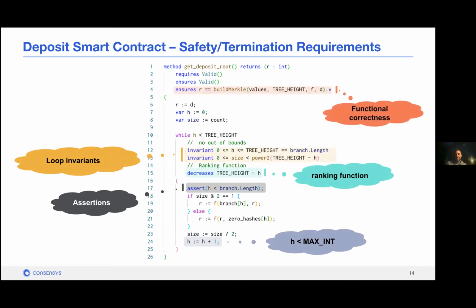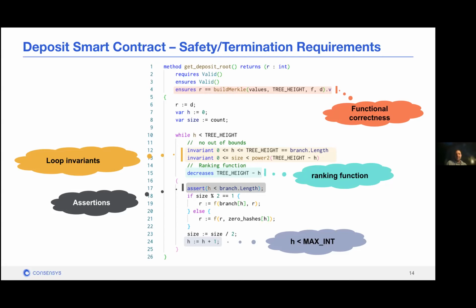And of course, we have proved the functional correctness of the algorithm. So you see that this one is a postcondition. Preconditions in Dafny are written with requires and postconditions are written with ensures. So in the code that I just mentioned, the valid predicate captures memory safety requirements.